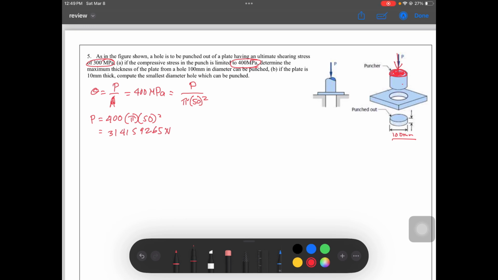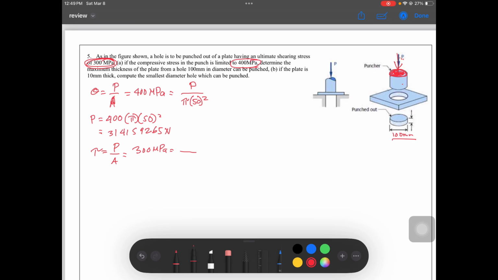So, next natin titingnan is yung shearing stress. Shearing stress, syempre P over A pa rin yan, wherein shearing stress limit natin is 300 MPa. What is our P? So, since ito yung maa-apply na P dito, ito rin yung source ng shearing.